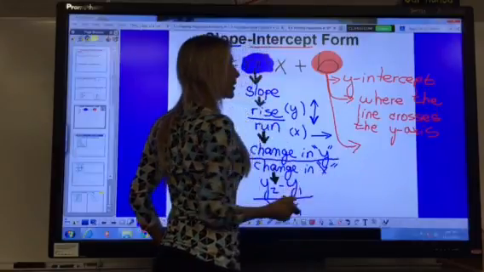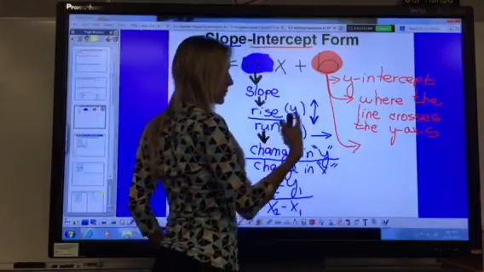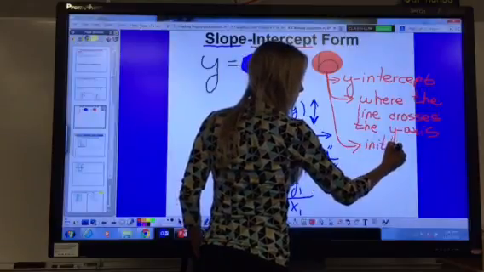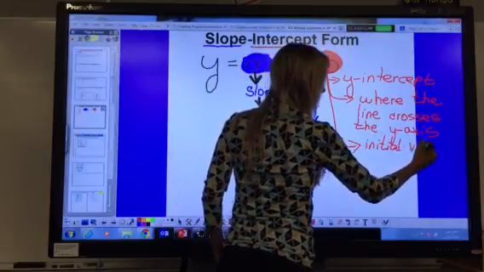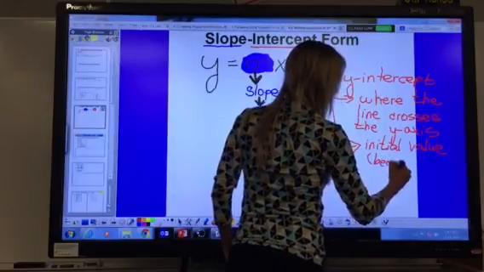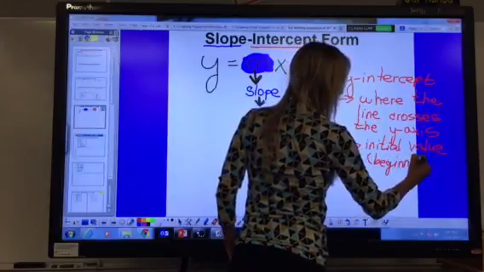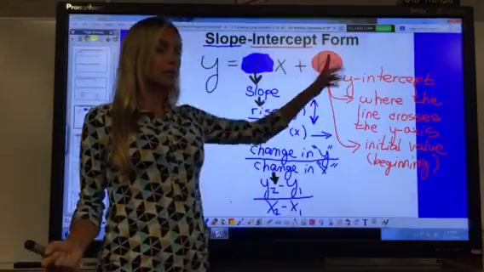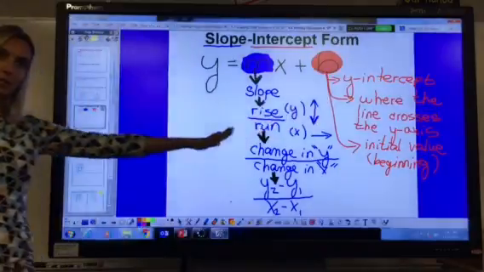As we just said earlier, it is the beginning, right? The beginning or the initial value. All this is what B represents. All that is the y value.